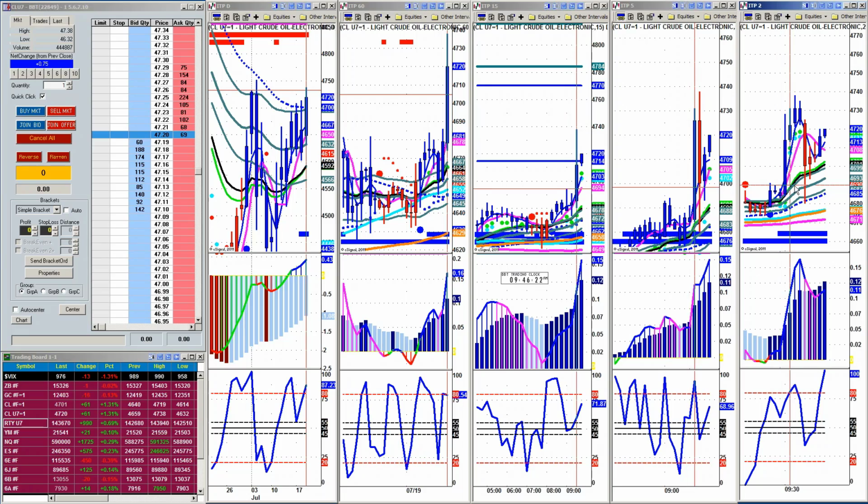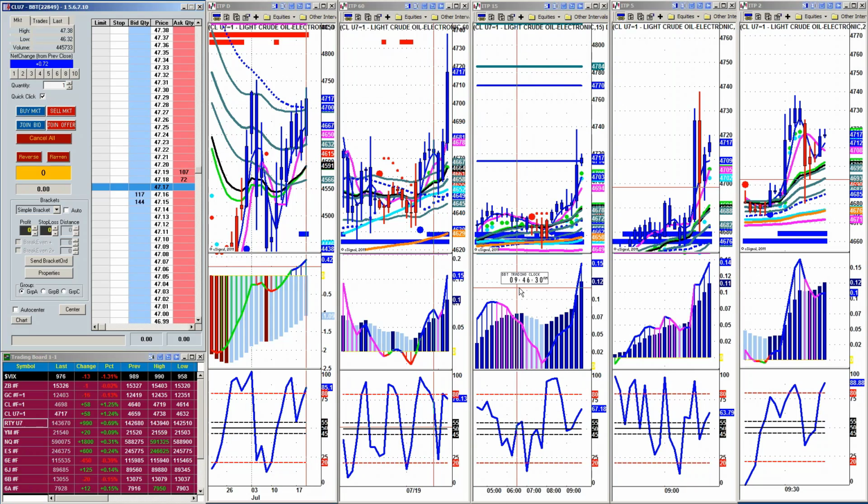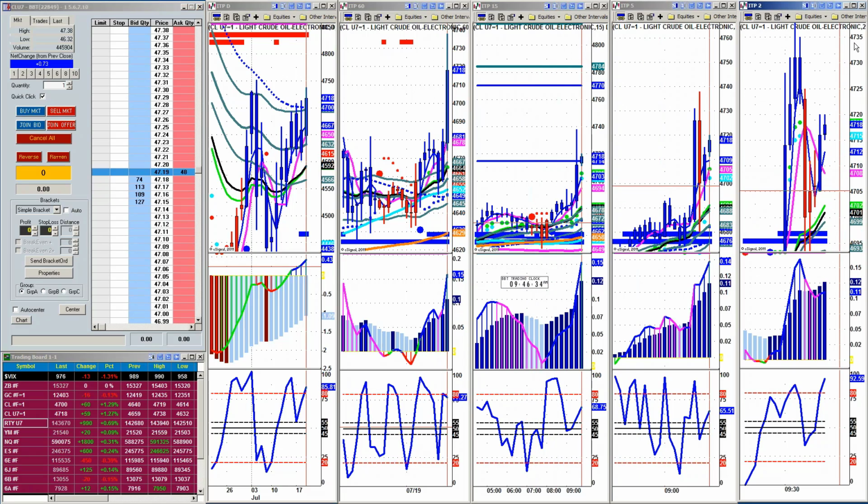So crude oil continues to be one of the few things that's really moving here. So that's why I'm focused on this one heavily. We are just now getting past that first 15 minutes, which is kind of my hands-off time frame.